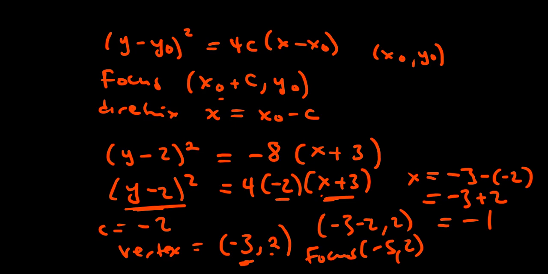So I have found everything that I need in order to sketch this graph. So let me now sketch. From here, I have the points that I need. Let me first identify where my vertex is. My vertex is negative 3 comma 2. So let's say my negative 3 is here, and my 2 is somewhere here.